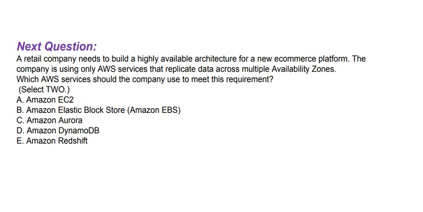Option A, Amazon EC2. Option B, Amazon Elastic Block Store. Option C, Amazon Aurora. Option D, Amazon DynamoDB. And option E, Amazon Redshift. The correct answer is option C and D.